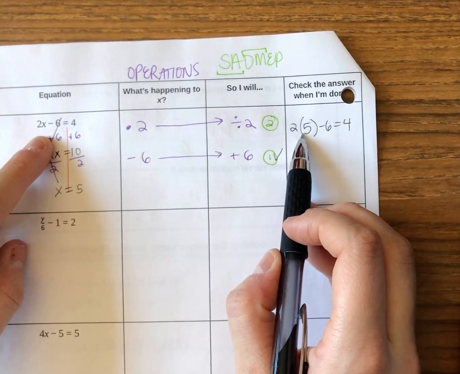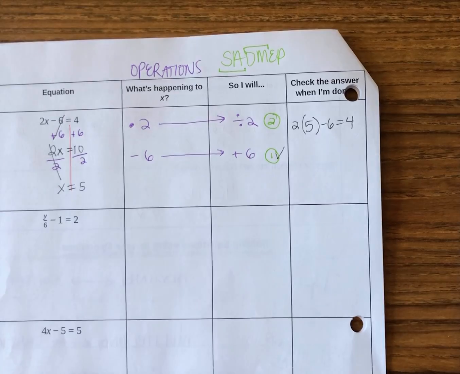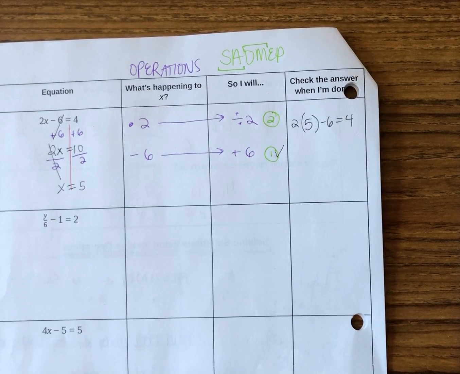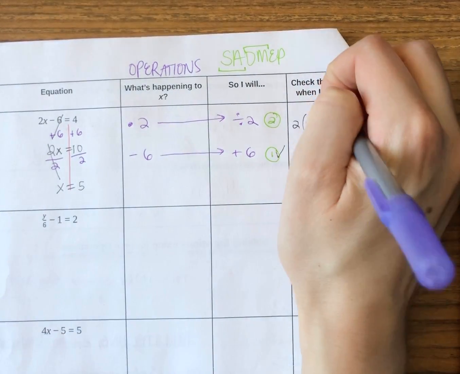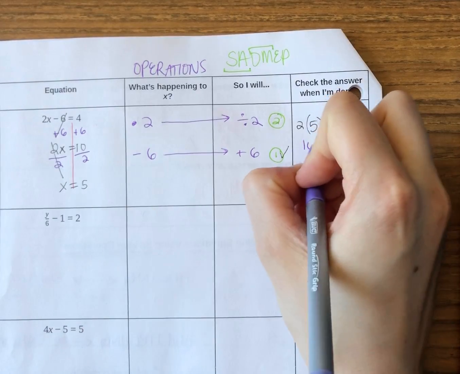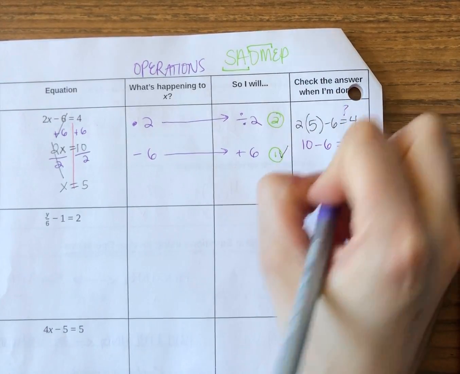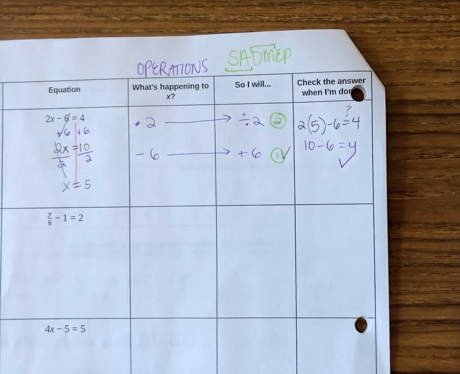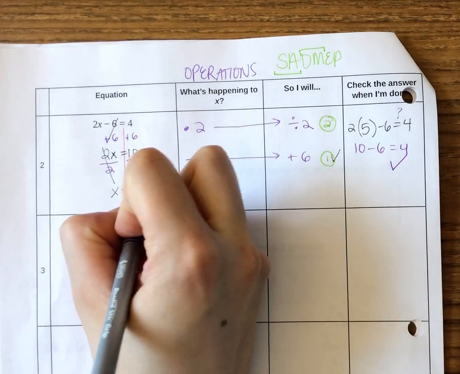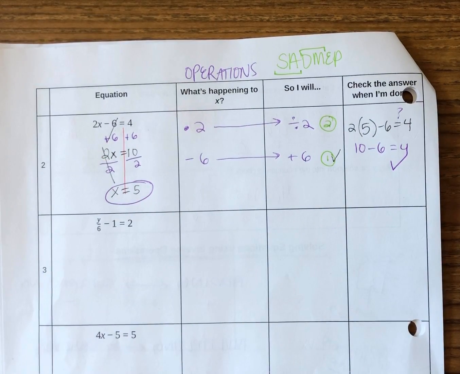So 2 times now 5 minus 6 should equal 4. Then I do my operations out. 2 times 5 is 10, minus 6, is that 4? Yes, it is. So my answer is correct. 5 is the value that balances. So my answer, x equals 5, is right.